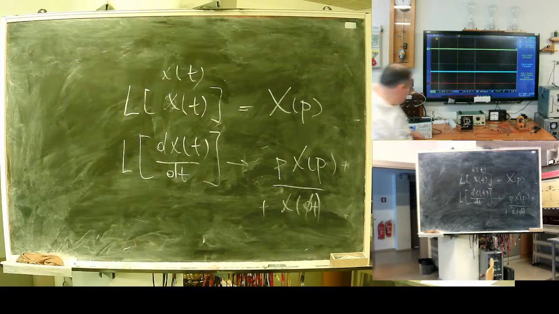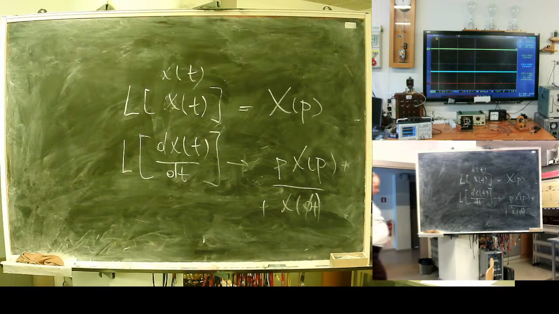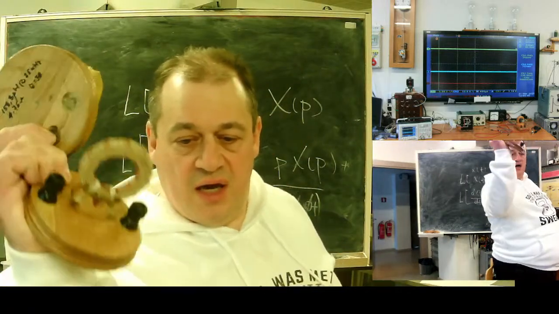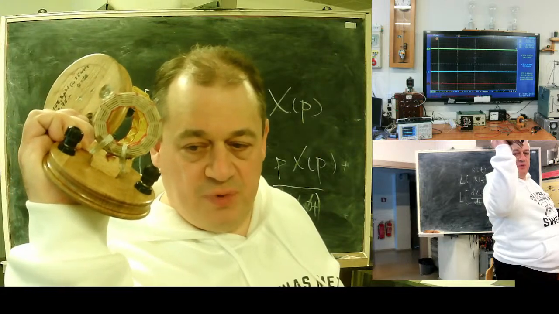Now, the resonance part of that. My coil for the resonance circuit, and this one for the grid. It will be feedback.